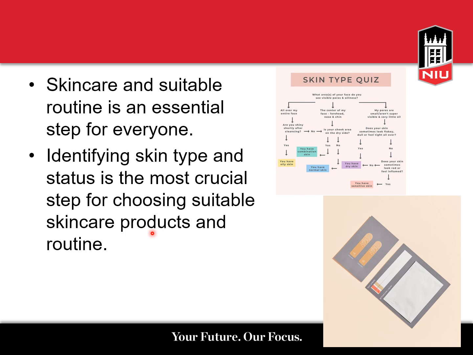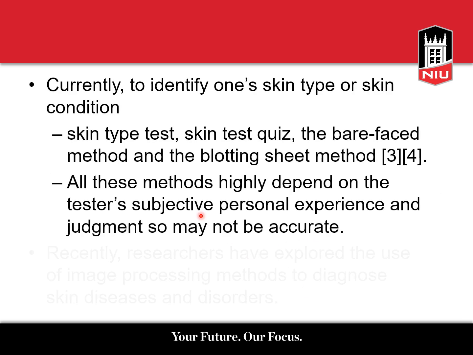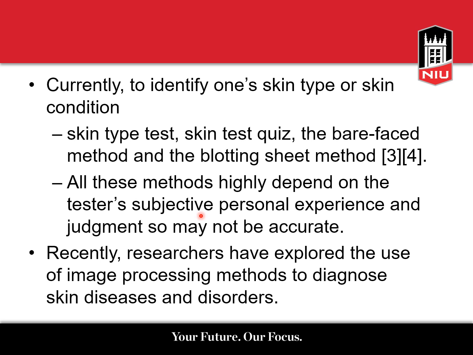So how can we determine the skin type or skin condition? Currently, if you want to identify your own skin type or anyone else's, people typically use a skin type test or skin test quiz, like a questionnaire, and the bare face method.